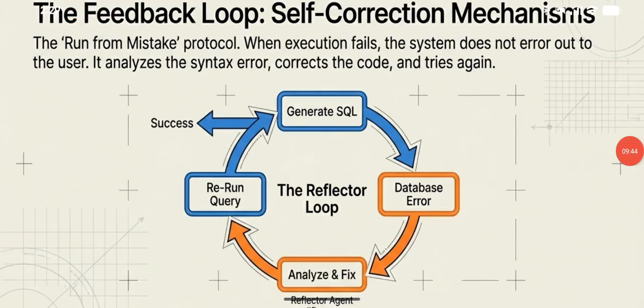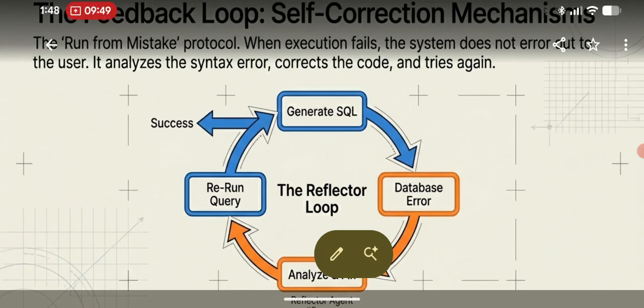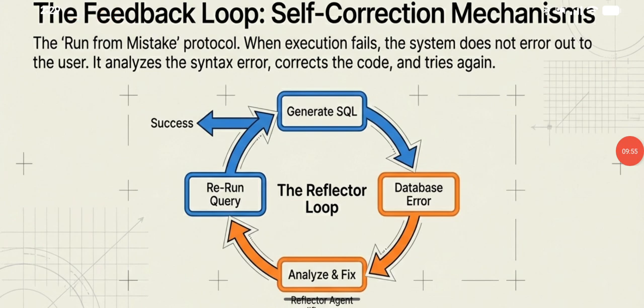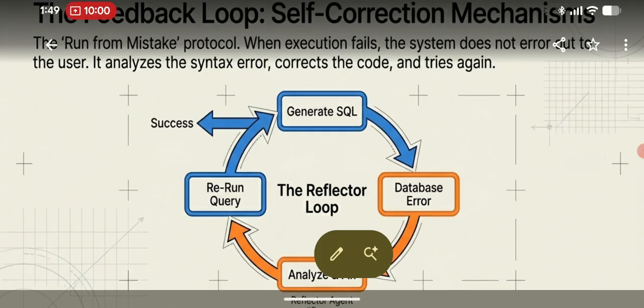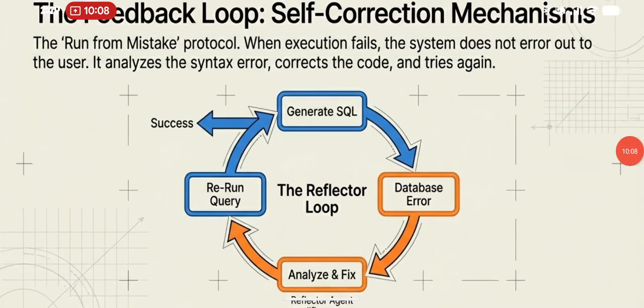So in case of complex solutions, if the SQL query does not give the output, or there is an error in the SQL query, or it returns null, in such cases a reflector loop agent can be used, which will generate the SQL query and run it.